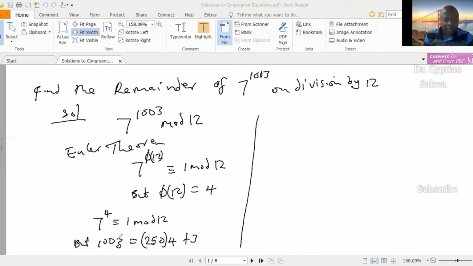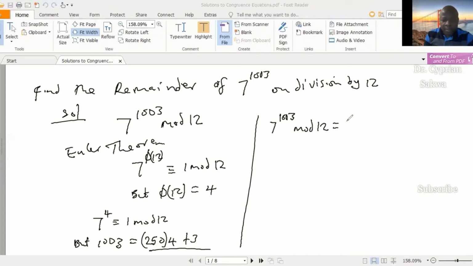That means that 7 raised to 1003 mod 12 is the same as, instead of 1003 we write this.